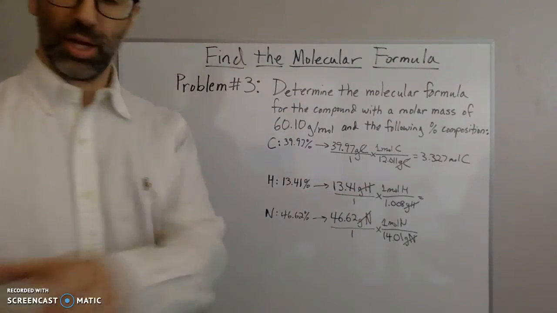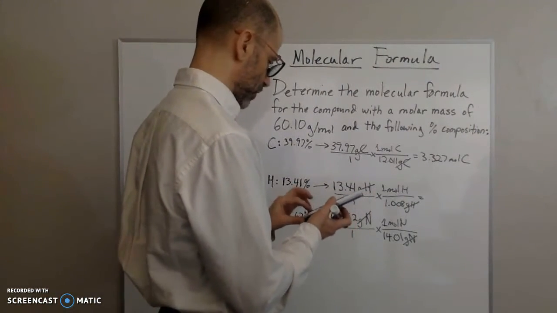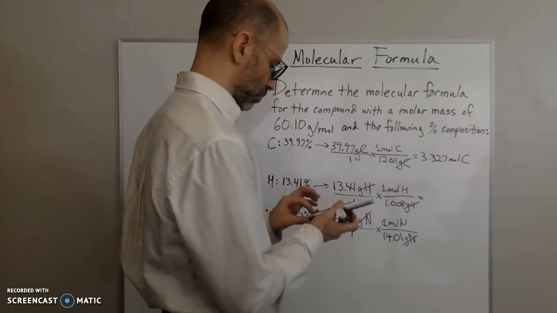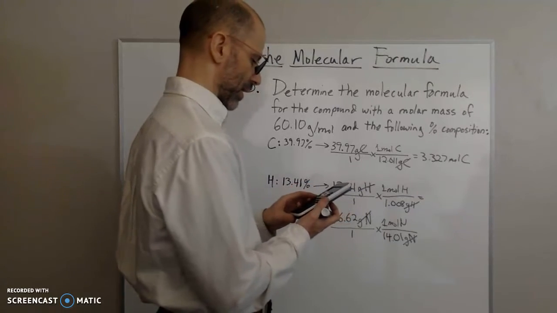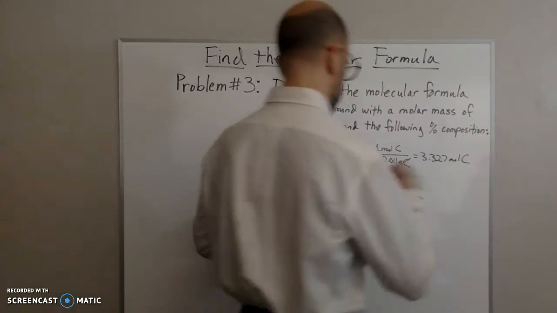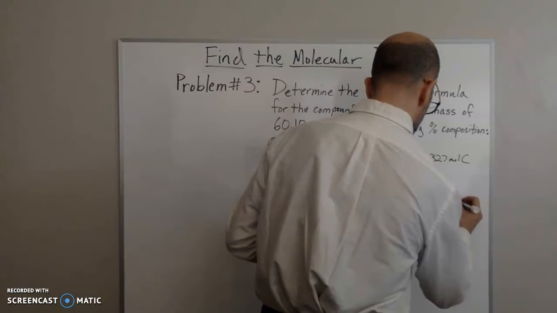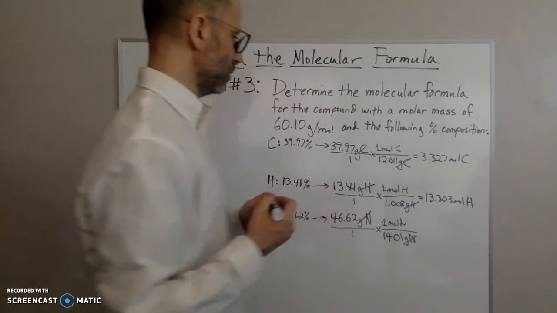Do the same thing with hydrogen: 13.41 divided by 1.008 equals 13.303, so I get 13.303 moles of hydrogen.